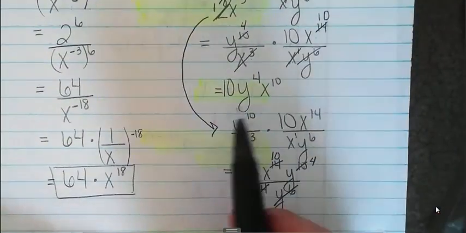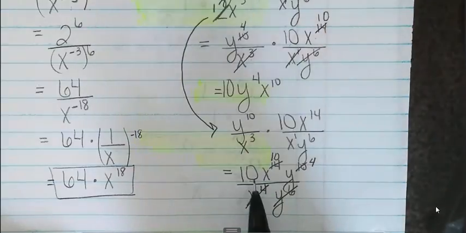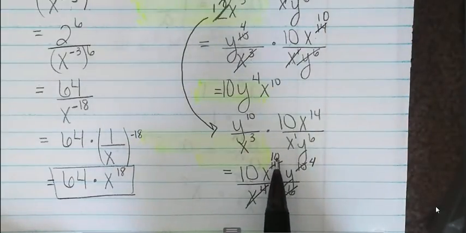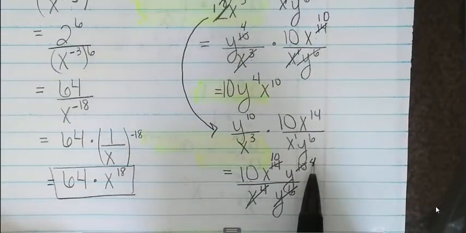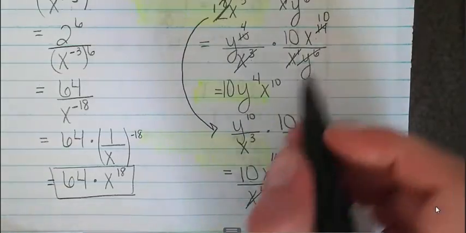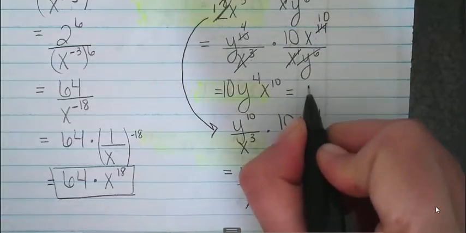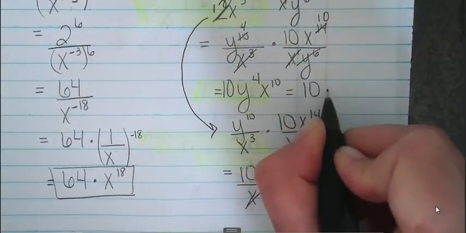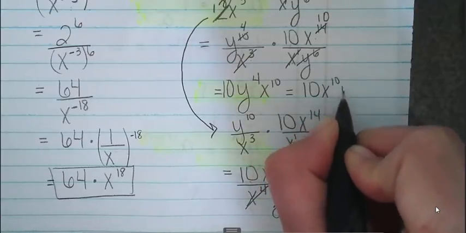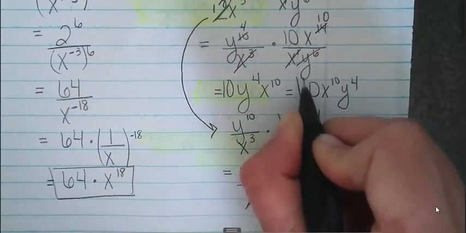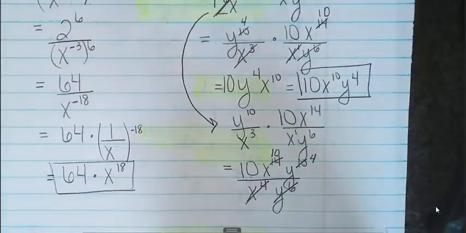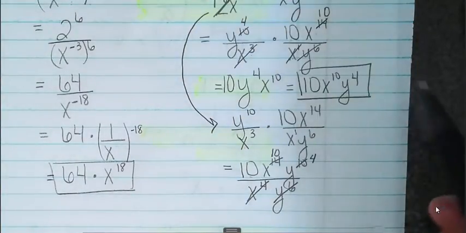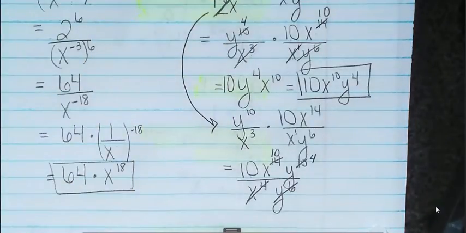Which brings you right back to what I just had: you have 10 x to the 10th, y to the 4th. And that's how I should have written this. This was my fault. So this would be 10 x to the 10th, y to the 4th. That would be our final answer, no matter which way you get to it. And I'm sure there's more ways. There's lots of ways to approach these problems.